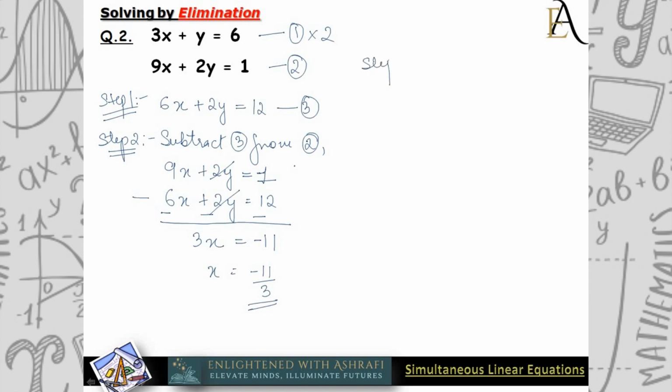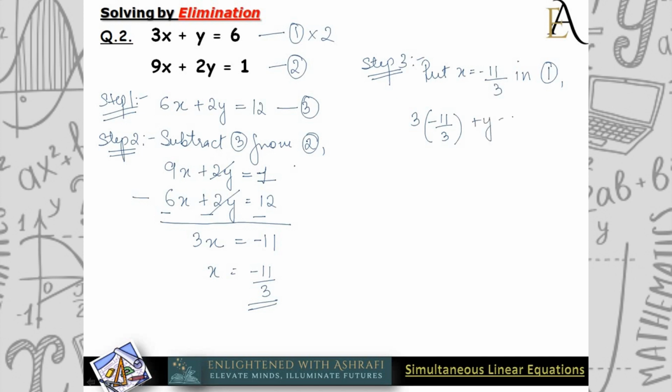Step 3, put x equals to minus 11 upon 3 in either of the equations. Let's take equation 1 because it's more easy. There are less complicated numbers in it. So we get 3 multiplied by minus 11 upon 3, and also you can see over these 3's will get cancelled off.